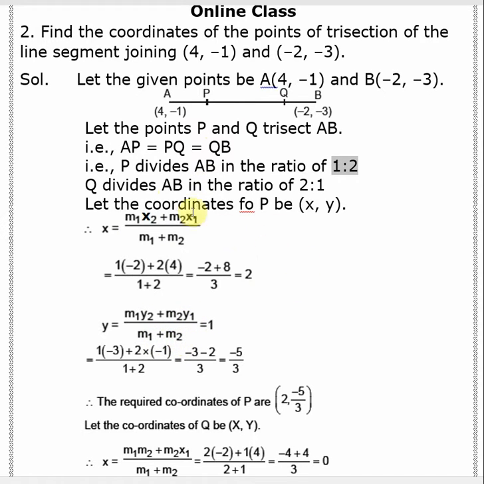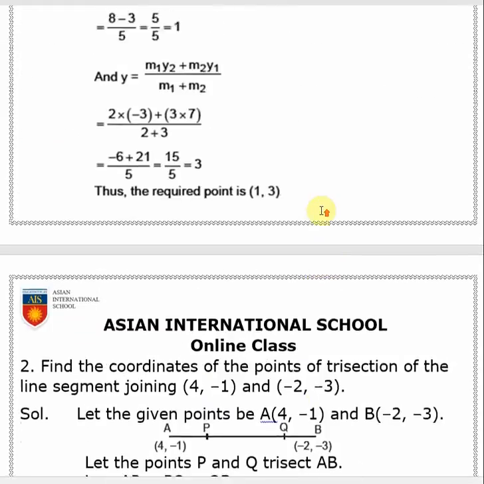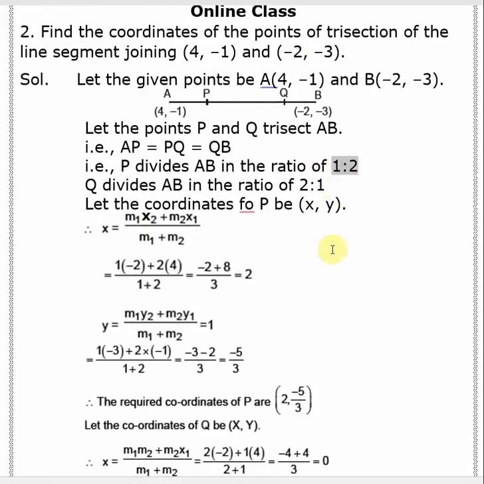For point P dividing AB in 1:2 ratio, we put the values: m1 plus m2 is 1 plus 2, m1 is 1, x2 must be minus 2 because we have taken B as the second point and A as the first point, plus m2 means 2 into x1 which is 4, the x coordinate of A, so 2 into 4 by 1 plus 2.